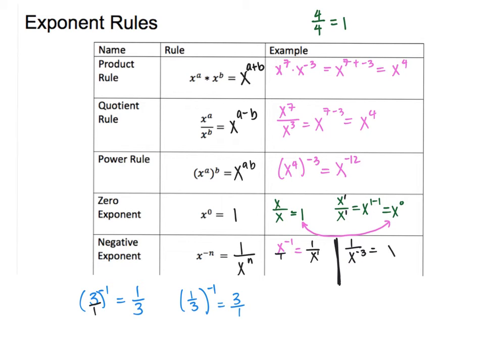So now it's x to the 3rd power over 1, but that's still technically x to the 3rd power. How I really think about these is, anytime I have a negative exponent, I need to make it into a positive. How I do that is by switching where it's located. If it's not a fraction yet, I just throw it in the denominator, like this one. If it is in the denominator, I throw it back in the numerator.